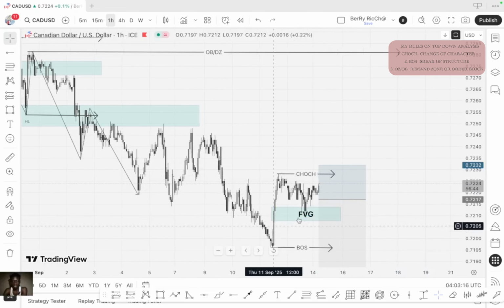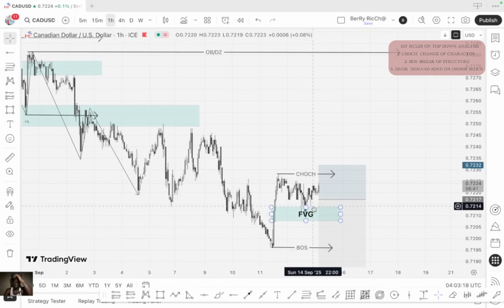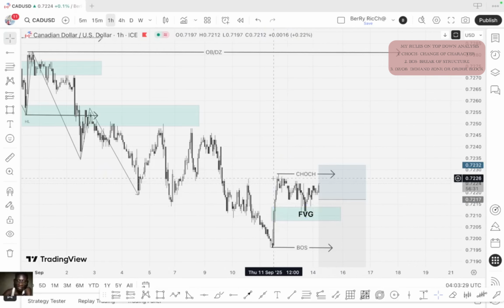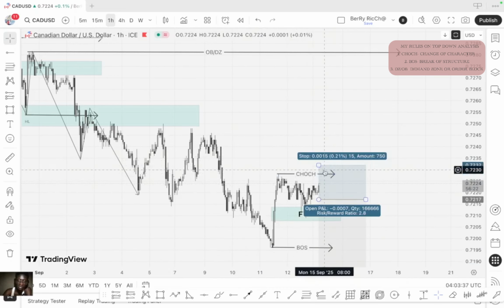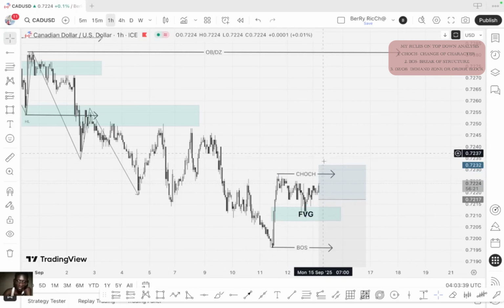Here, too, I took a trade. I've always said we are not going to talk about the SMC, the smart money concept, here, but I know the reason I took the trade. We just placed the change of character here and the break of structure here. When the market breaks here, it means the market is going to be at the reversal point.